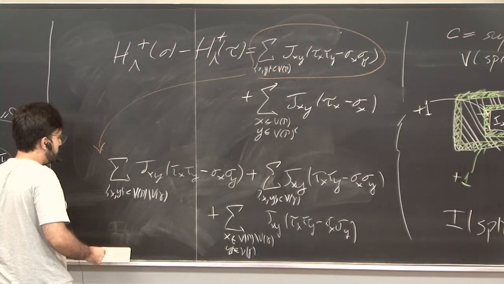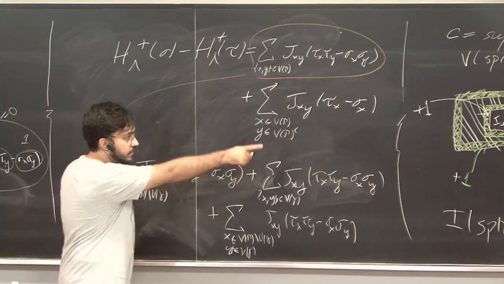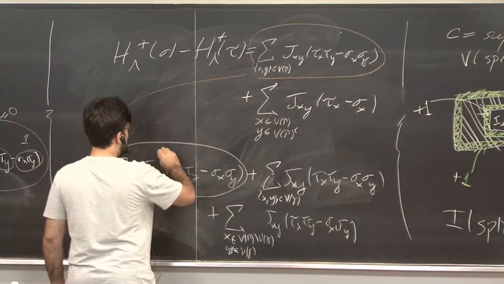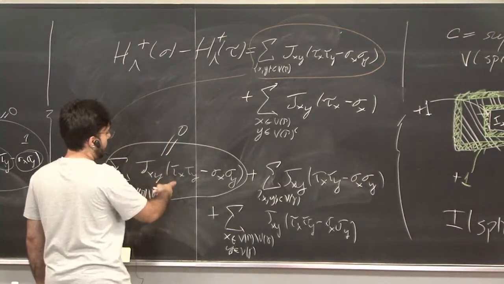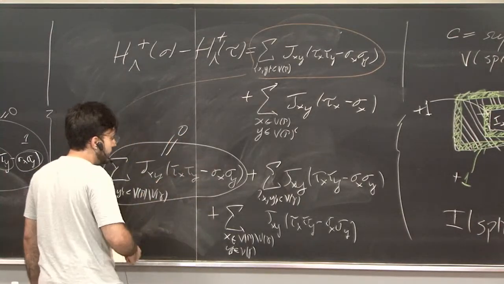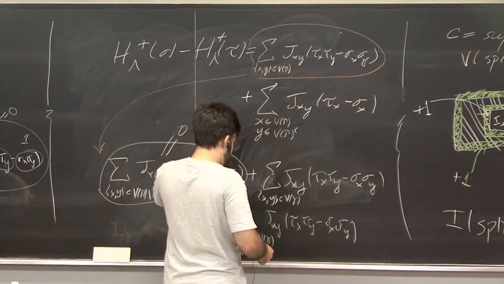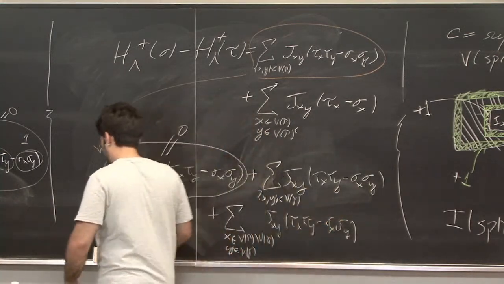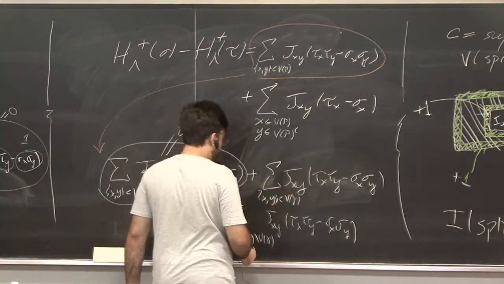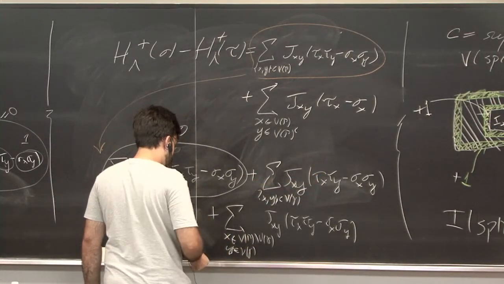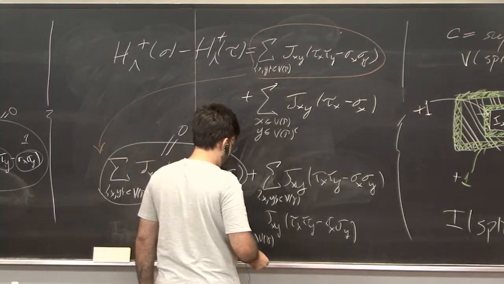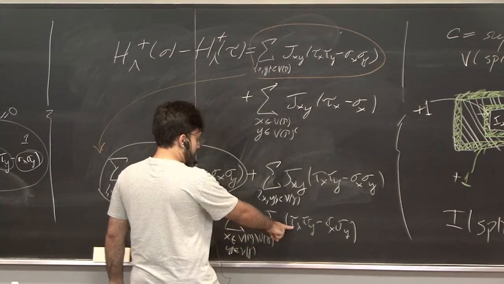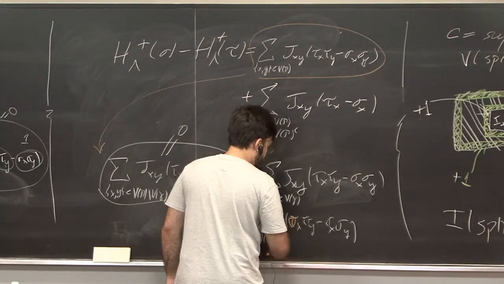Well, first is that outside V gamma, again, the sign is fixed by the tau transformation. So this term right here will be equal to 0 because tau x is equal to sigma x in this region right here. I have here the same thing. I don't know what to do with this term yet. And for this last one, what I do have is that tau x here will be equal to sigma x.